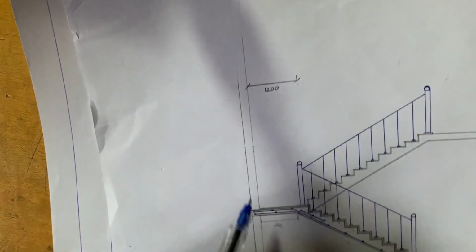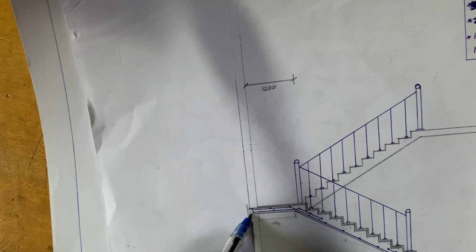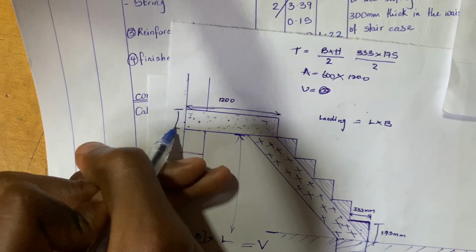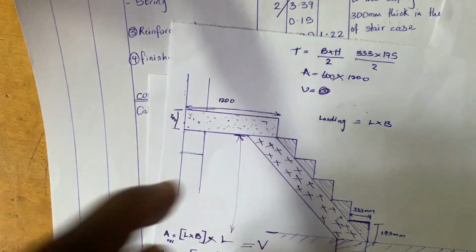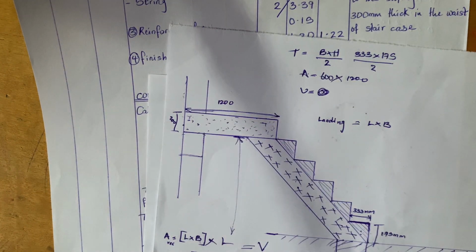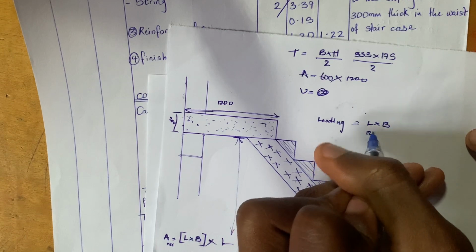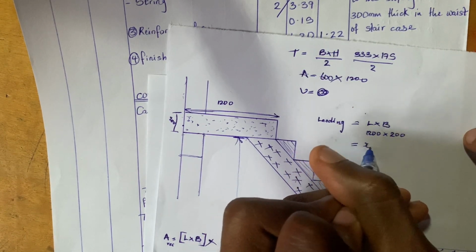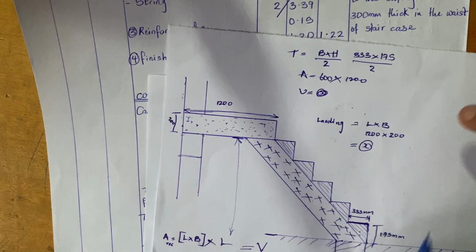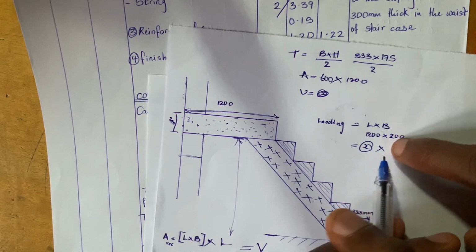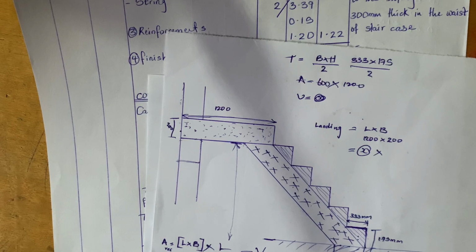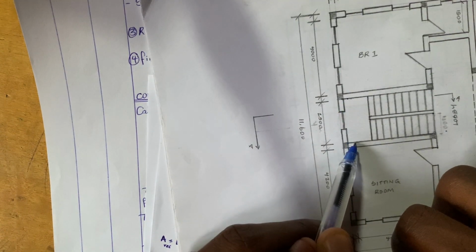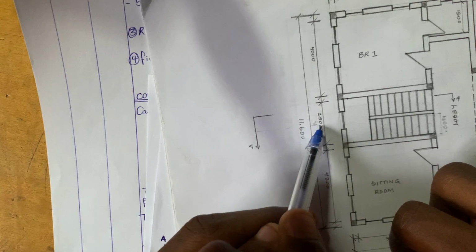Then we can use the thickness, from here to here, which is 200. So we have our length and our breadth, 1200 by 200. Whatever we have here is our area. We can now multiply it by another parameter, and the last parameter would be this part of the staircase from here down to here, which is 2500.